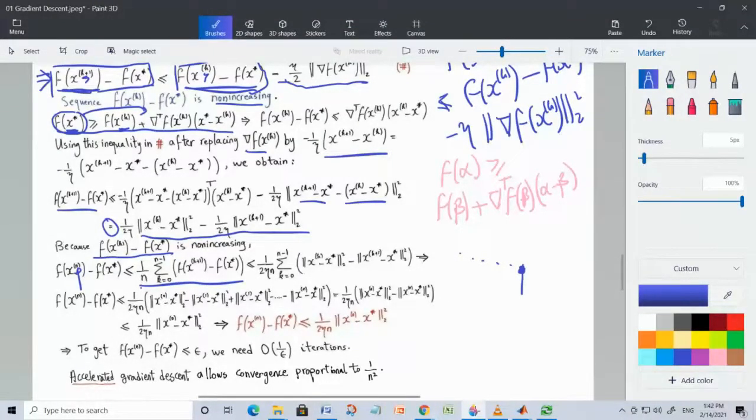And why are we doing this? The trick in the proof is that in this step, you find a term here and a term there with a minus sign between them, and here we have k and here we have k plus 1. So if you sum this quantity over k, we have a telescopic sum.